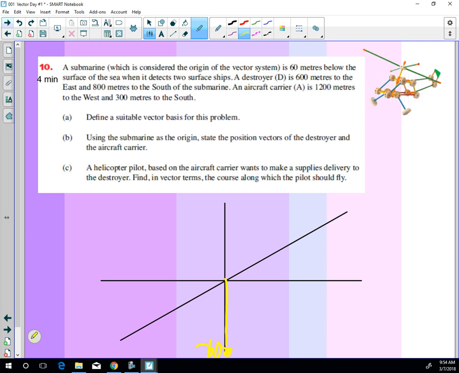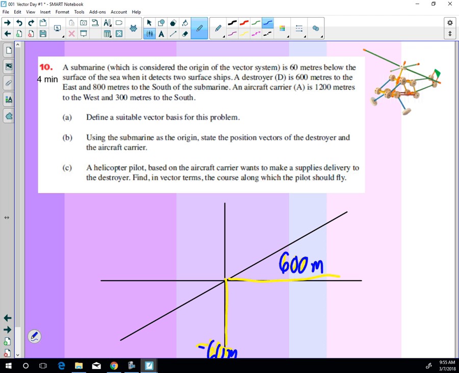And then it says a destroyer is 600 meters to the east and 800 meters to the south of the submarine. So it's 600 meters east. This was minus 60 down below.